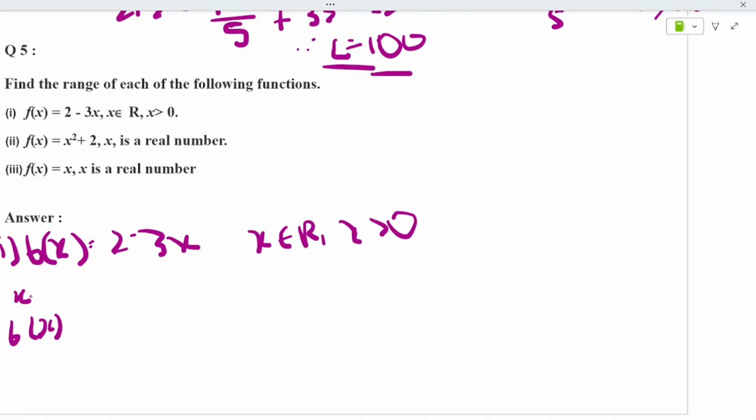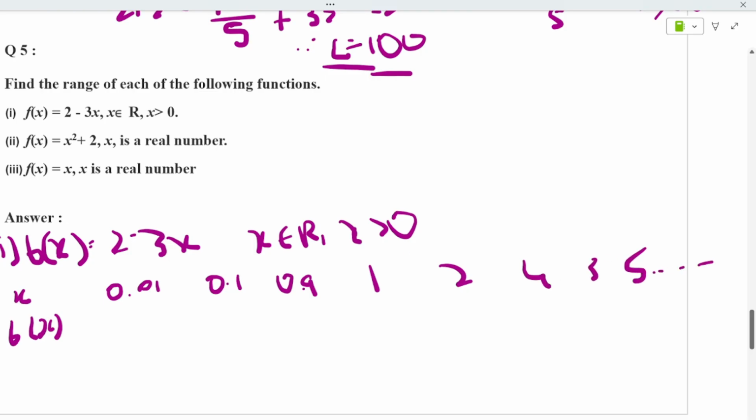If you take some real numbers, they should be greater than 0. Okay, you can take 0.01 or 0.1, 0.9, 1, 2, 4, 3, 5, any values you can take and substitute the value.